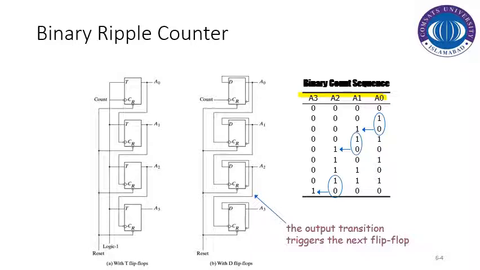If we observe A0, it is flipping on each clock pulse, which means that the output generated by that particular block is inverting on each applied clock pulse, so we have to configure it into toggle state so that with each clock pulse it inverts its output.